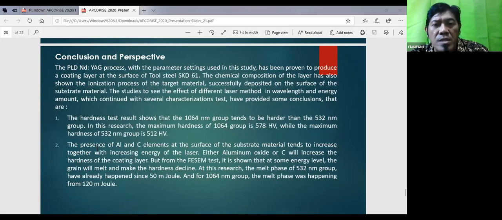The maximum hardness is 578 hardness figures, while the 532 wavelength only reaches 500 hardness figures. Number two, the presence of aluminum and chromium elements at the surface of the substrate material tends to increase together with the increasing energy of the laser. But at some energy level, the grain will melt and make the hardness decline.